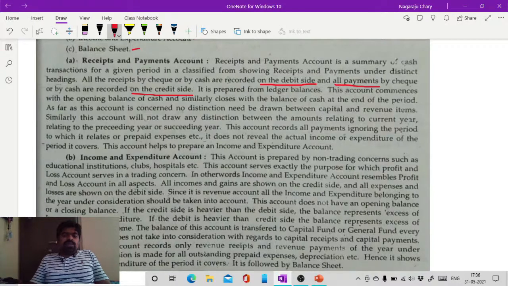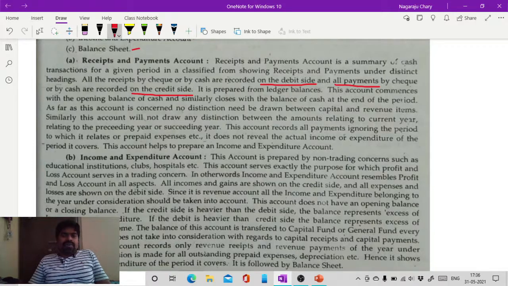One thing we have to know is revenue items and capital items. Whenever we are writing receipts and payments, we need not worry about capital and revenue items. If it is paid, just write it on the payment side. If it is received, you write it on the debit side. But what are capital and revenue items?